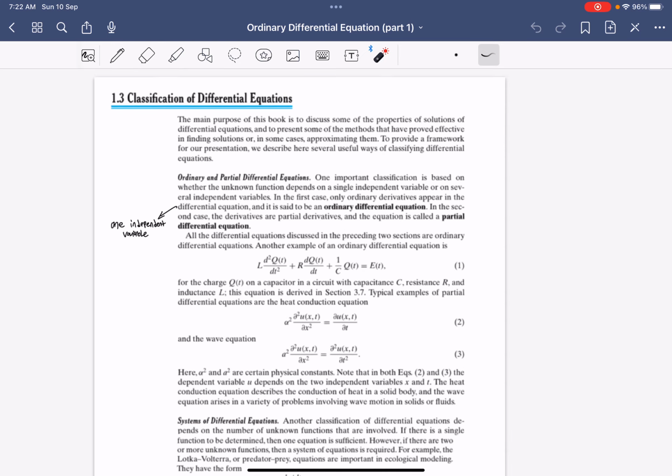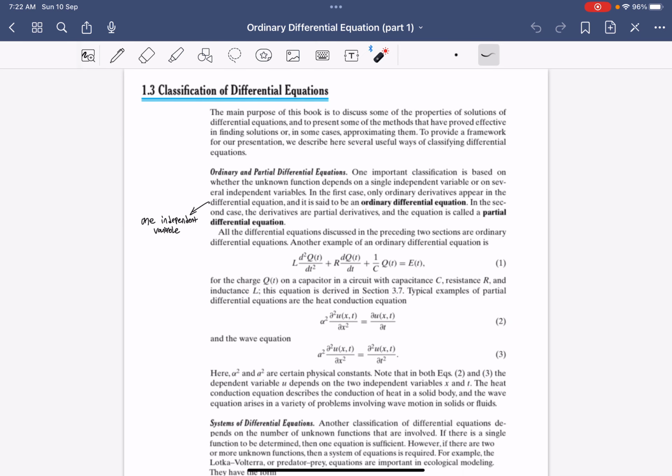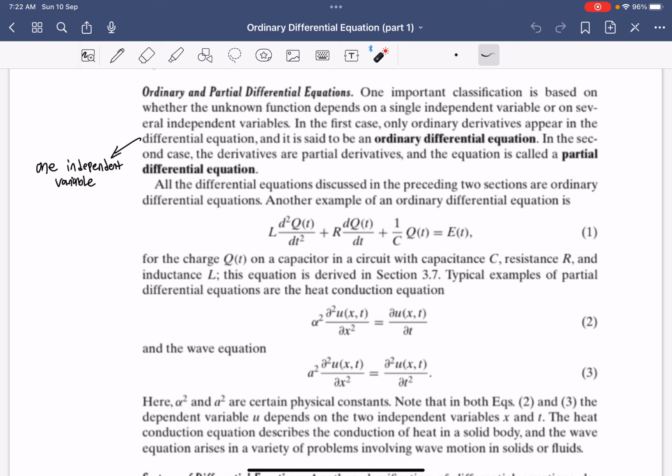Now we move on to learning the different types of differential equations. We have an ordinary one, which is what we'll be studying in this course. An ordinary differential equation just means we have only one independent variable, and a partial differential equation means we have more than one. An example of an ordinary one will be just this.